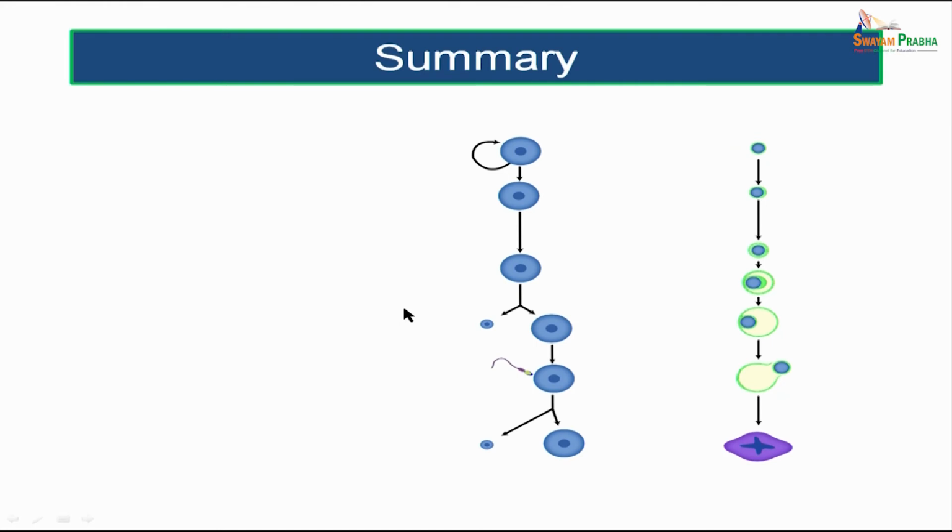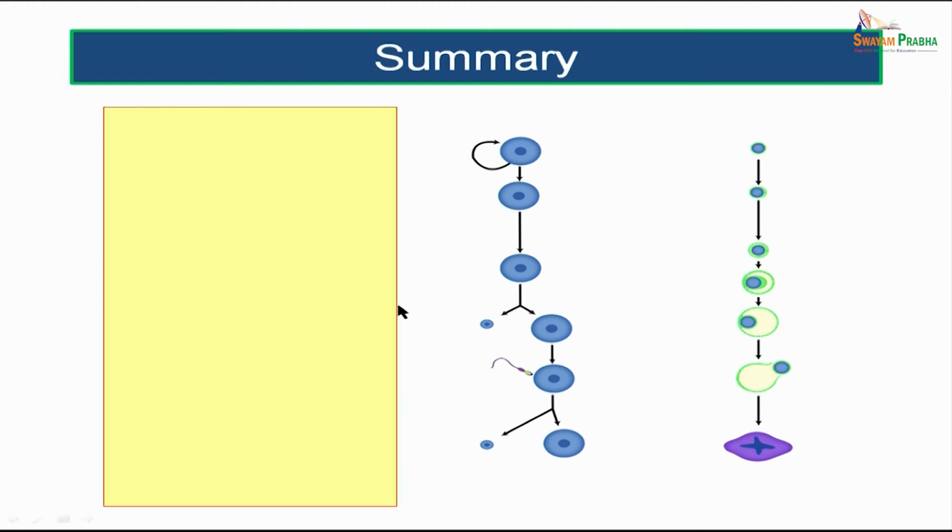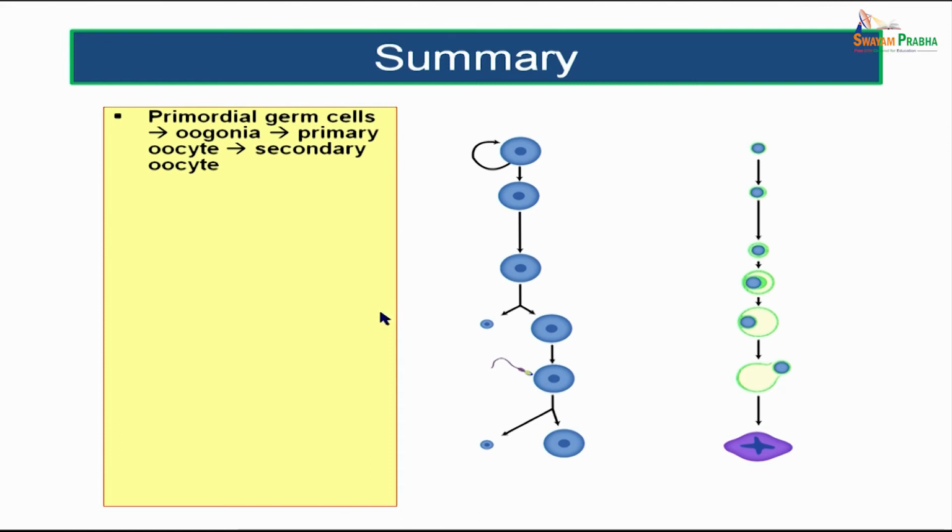It is time for us to summarize the events happening during oogenesis before moving on to spermatogenesis. What are the events happening during oogenesis? We have the primordial germ cells in the walls of the yolk sac, which shift their position into the developing gonads. Then you have the formation of oogonia, which get converted into primary oocyte and secondary oocyte.